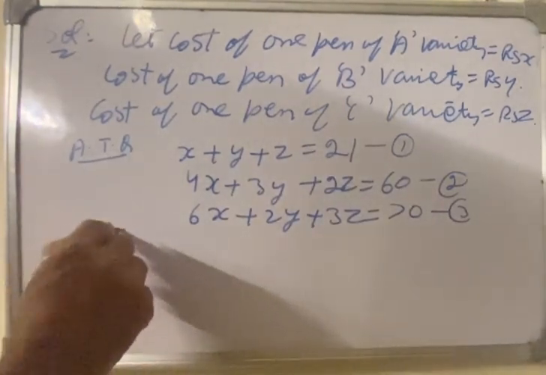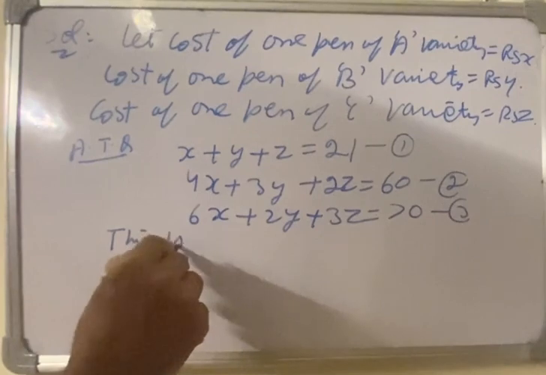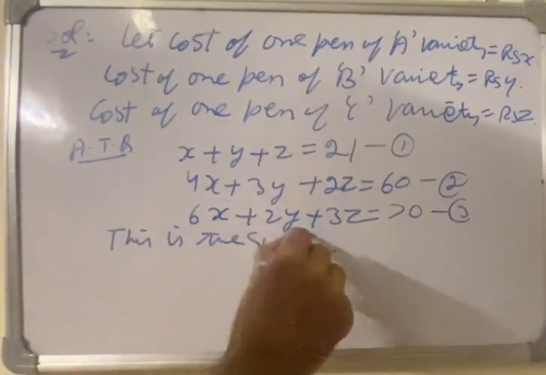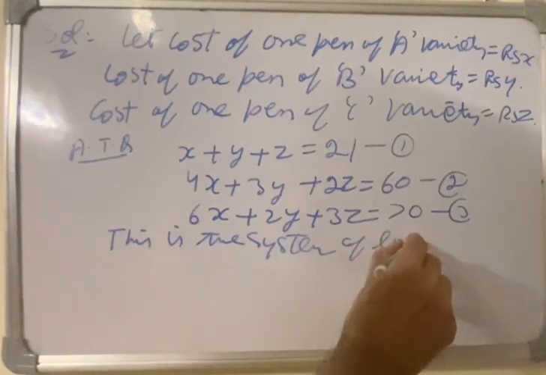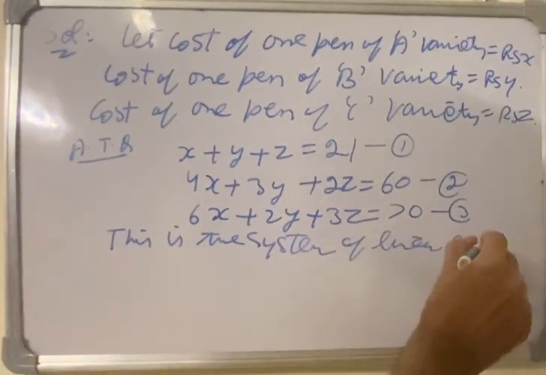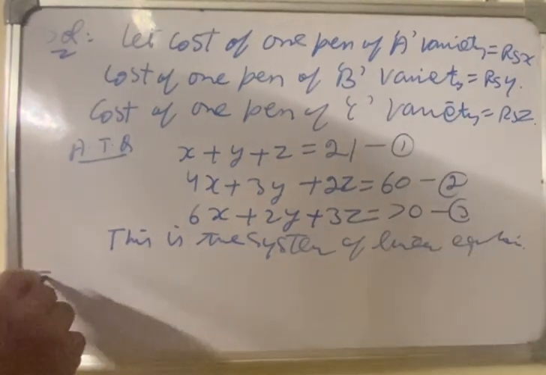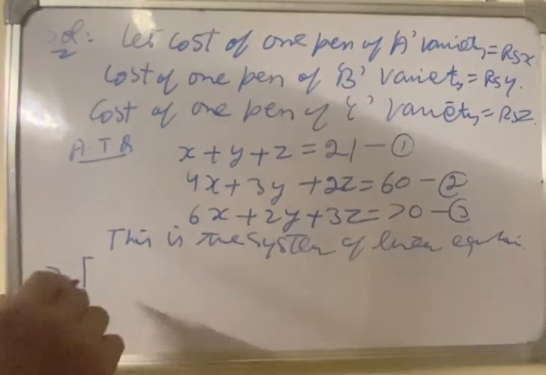This is the system of linear equations. So we can write it in the matrix form.